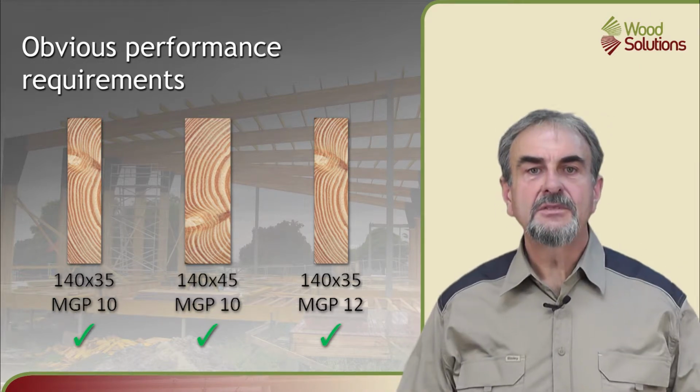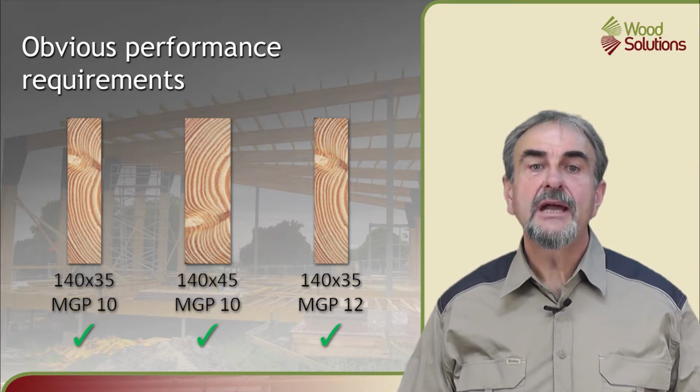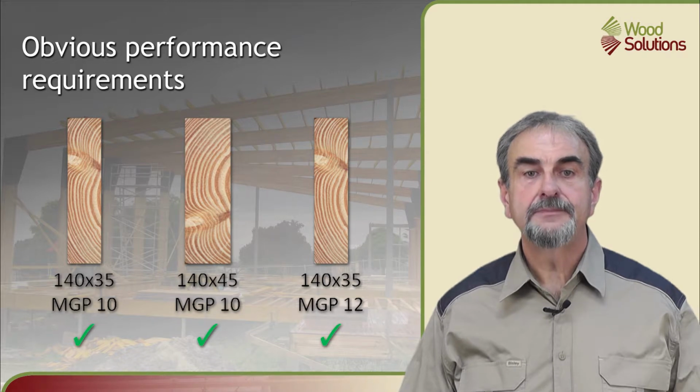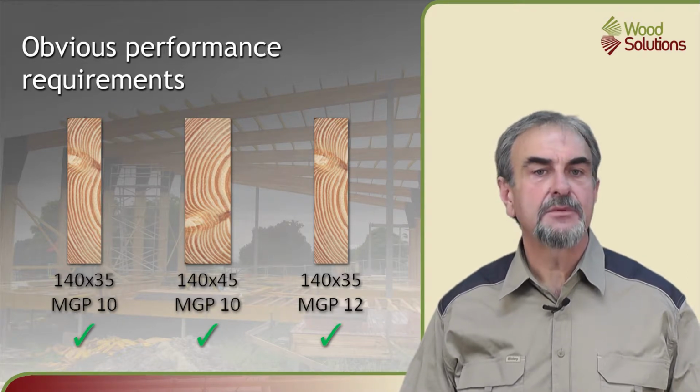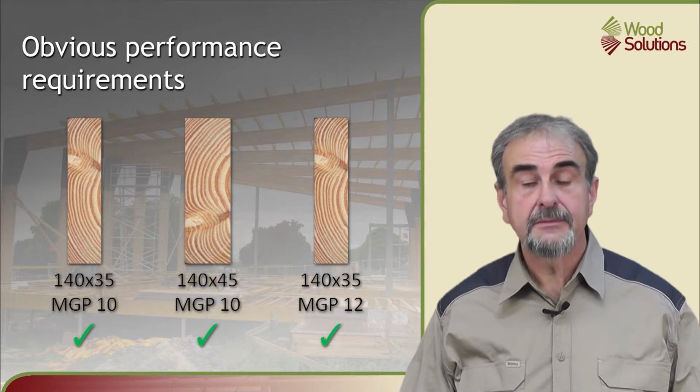The structural performance of these last two options is the same or better than that of the ordered material. The size is the same or bigger and the grade is equivalent or higher. The change in size may cause problems with detailing, but this needs to be discussed with the builder or with the client and the builder.